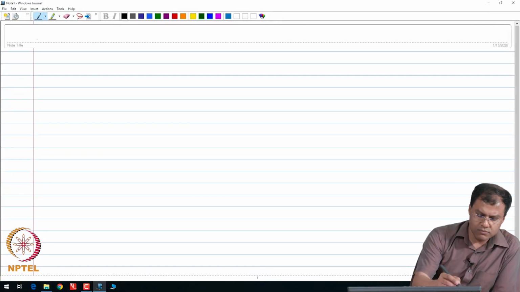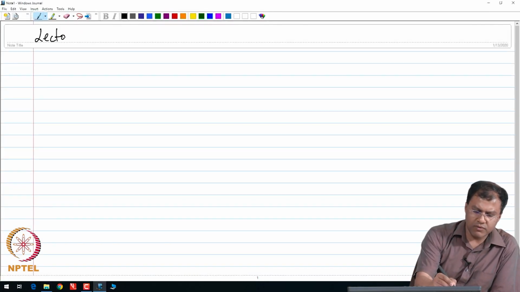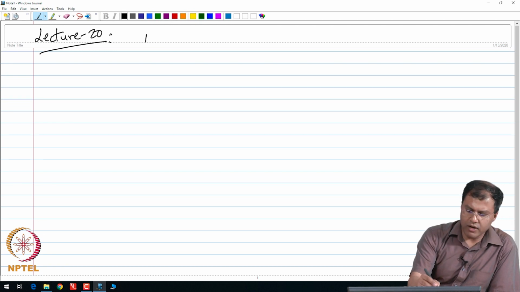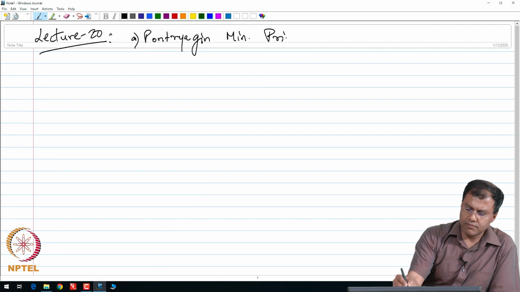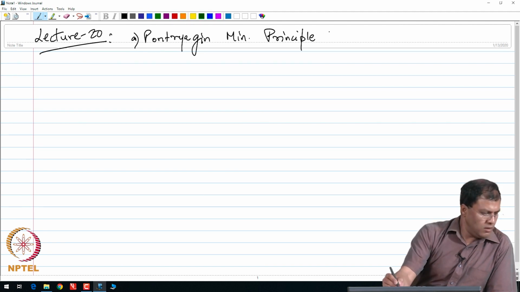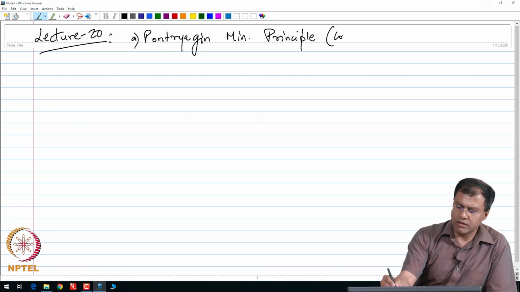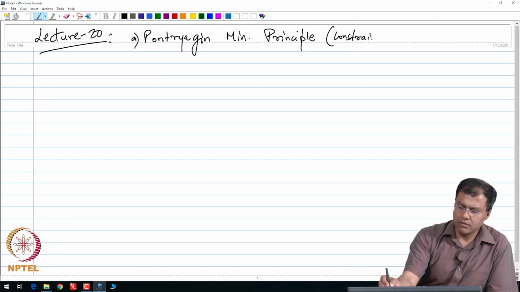So, today's topic of discussion will be the following. We are going to look at the constrained minimization, also known as the Pontryagin minimum principle, also known as constrained optimization.